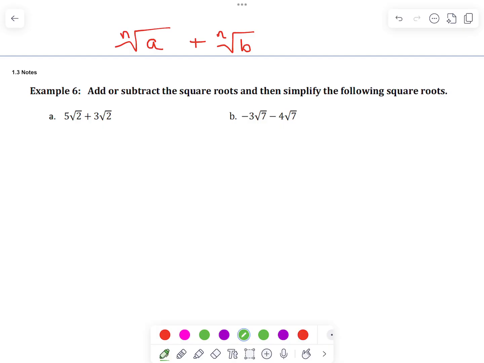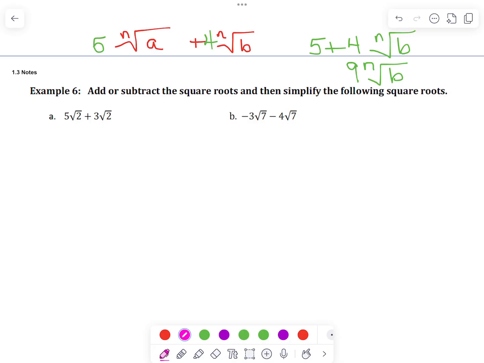So what we do is, let's say there's a number out here, like a 5 and a 4. The operation, what you do is you add the 5 plus the 4 together, and then you have 9n square root of b. So I kind of just made that up. It'll make more sense once we get to our examples.